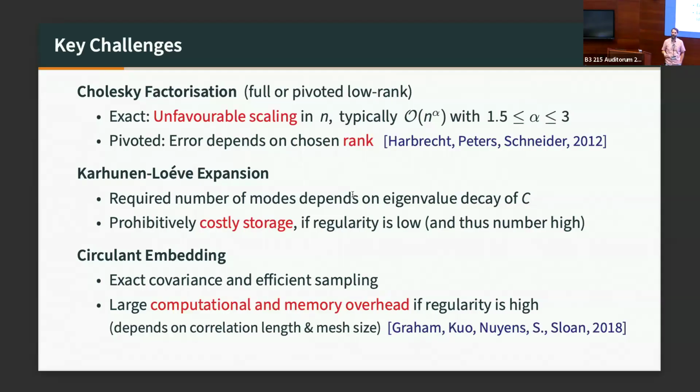And you would have to either approximate by setting the negative eigenvalues to 0, or embed in a larger domain. The advantage, though, apart from the n log n, is that it's exact. If you can do it, it provides you with the exact covariance structure between the points.